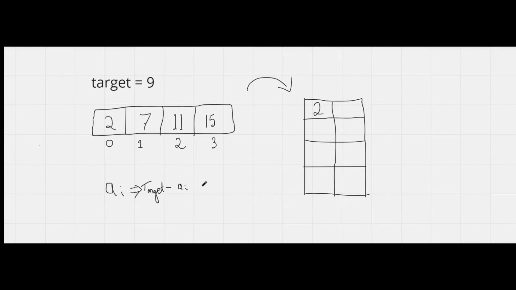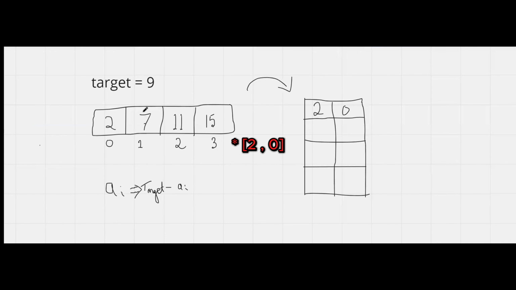Now we have to check whether target minus A[i] is present in the map or not, which is 9 minus 2, that means 7. 7 is not present here. So we have to do nothing, and we will insert the entry here: 2 is the key and 0 is the value, and 0 is the index number.